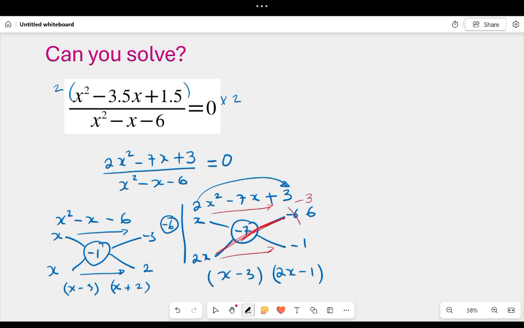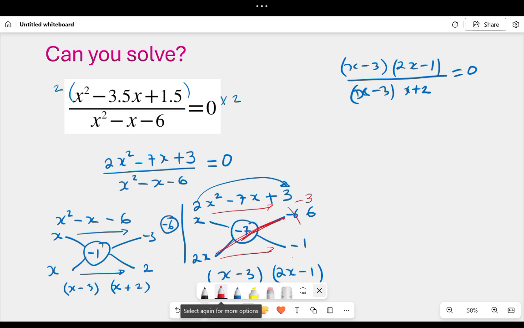Now, for the numerator, it's going to be x minus 3 and 2x minus 1, while in the denominator is x minus 3 and x plus 2. All this is equal to 0.